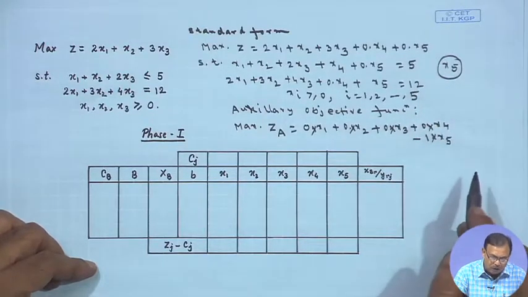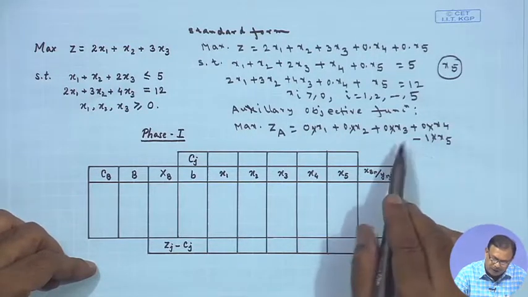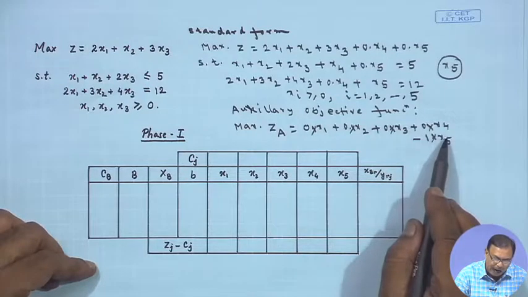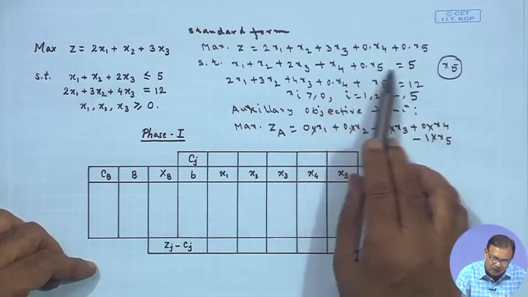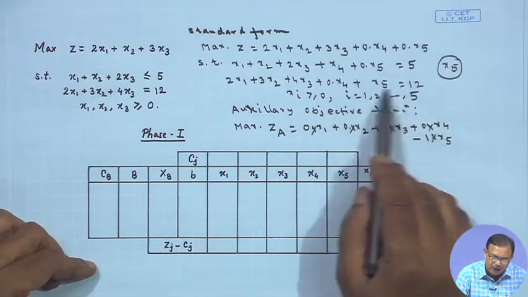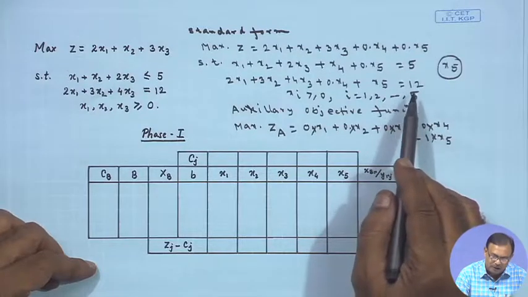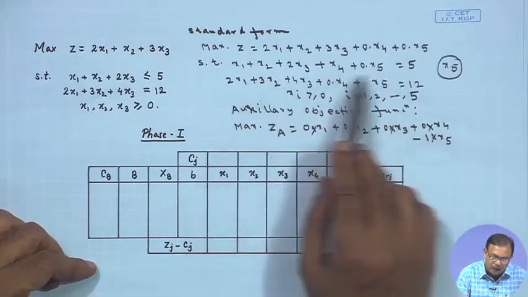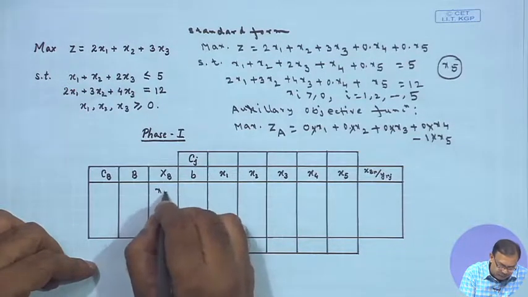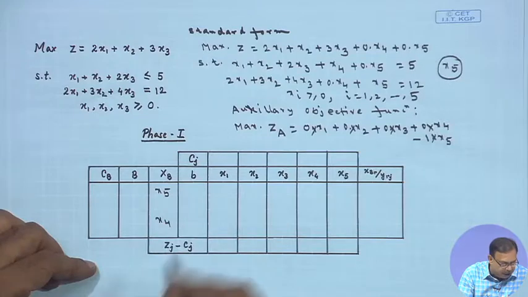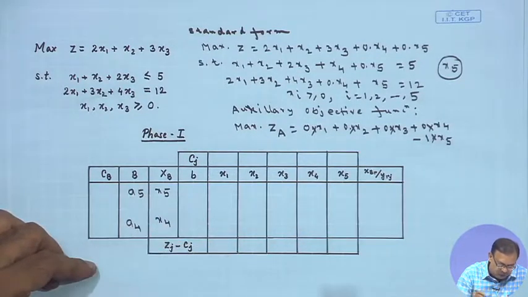So, what will be your initial solution? Your variables are x4 and x5, and from here you can obtain x4 equals 5 and x5 equals 12. This is the initial basis in this case, because I have to make all other variables 0. So, you write down here x5 and x4, so that this will be also a5 and a4.